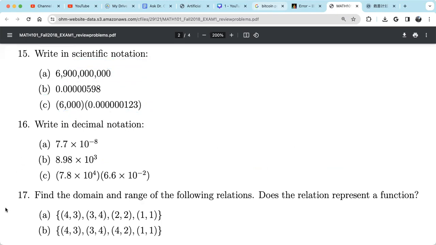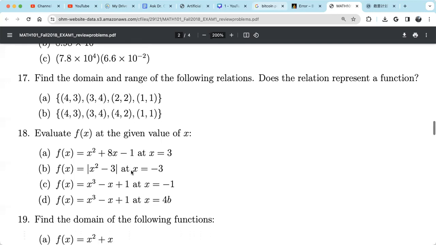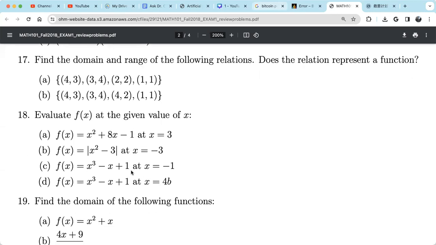Now let's see 17. Find the domain and range of the following relations. Then it asks, does this relation represent a function? So let's write it down. Domain is the first member in the ordered pair.